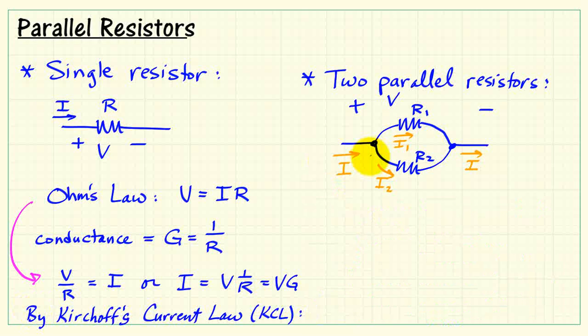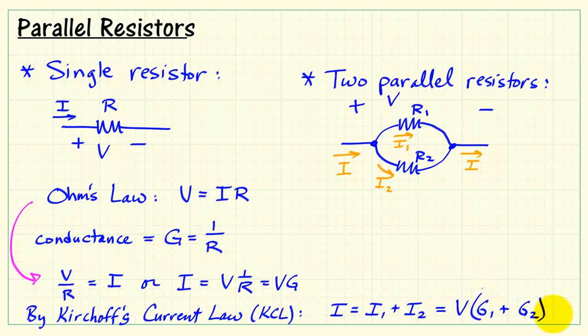Now, by Kirchhoff's current law, we see that the current I is equal to the sum of the currents I1 and I2. Now, based on the rewritten version of Ohm's law, we can write that I is equal to V times G1 plus V times G2.